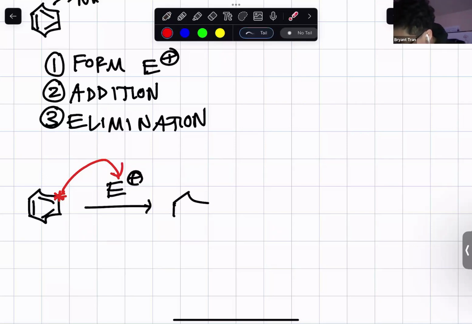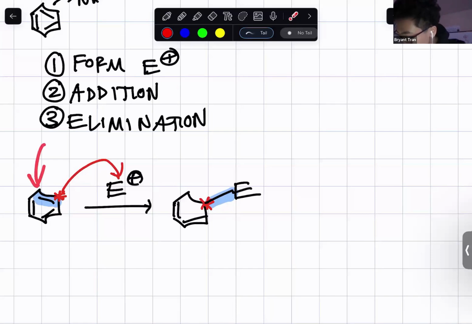So I'm going to choose this carbon here to attack this electrophile, making a new bond between that starred carbon that I just starred and the electrophile right there, right? So if I were to highlight this bond here in blue like that, that's this blue bond right there between the starred carbon and the electrophilic carbon right there. Okay, and we see that this carbon here lost a bond, so this carbon here will be positively charged.